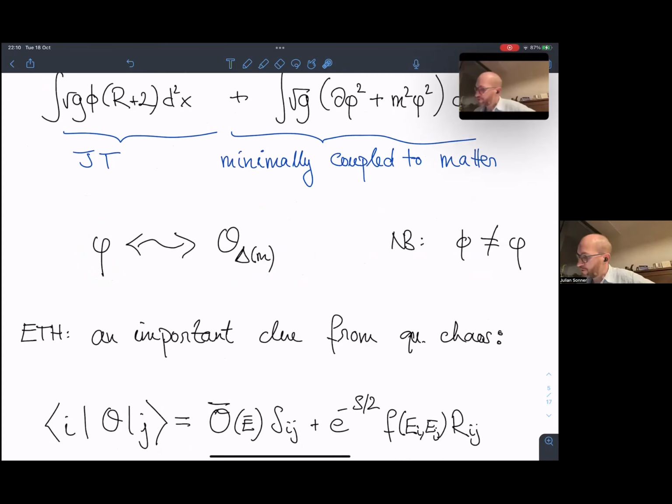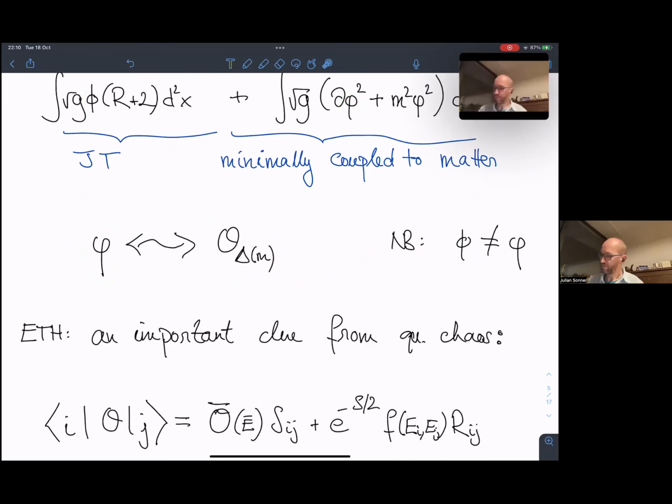And note that my hand-drawn varphi here is not the same as the dilaton phi that I had to have in JT gravity as part of the definition of gravity in 2 dimensions. So we add another degree of freedom.